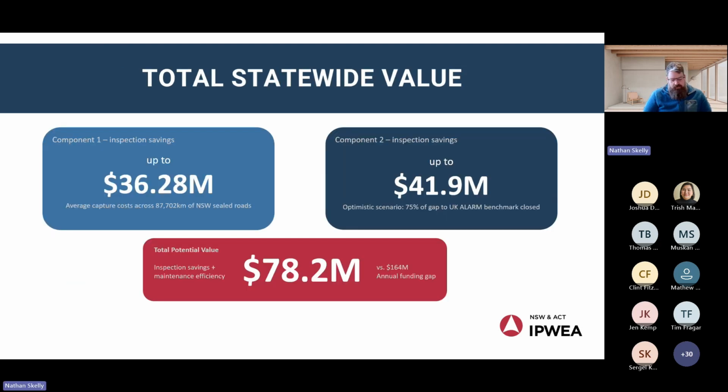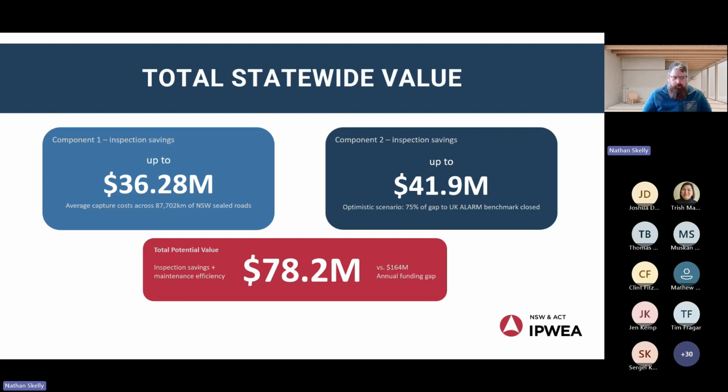If we look at the total value across the entire state, if you take the optimistic estimates of everything, there's potentially $78 million worth of value that could be unlocked across the state through inspection efficiencies and maintenance efficiencies improvement. Now, the road asset benchmarking work that IPWA does says there's about a $164 million annual funding gap.